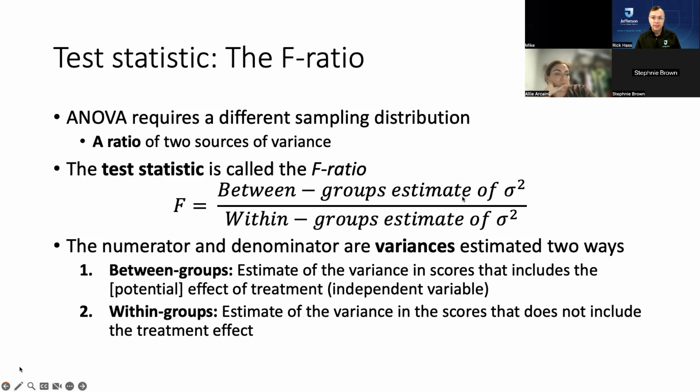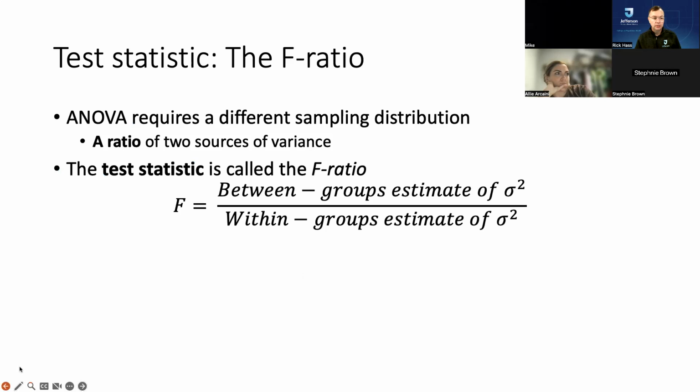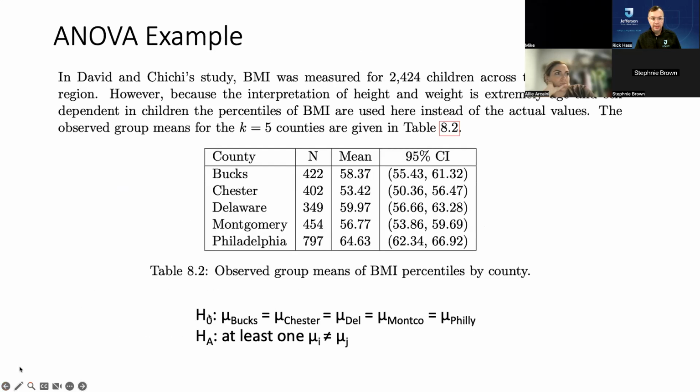F is going to get larger if the between groups estimate is large. The between groups estimate is going to be large if the grouping variable has an effect. If the county affects BMI, then at least one of the means is going to show that. You're going to see differences among county.